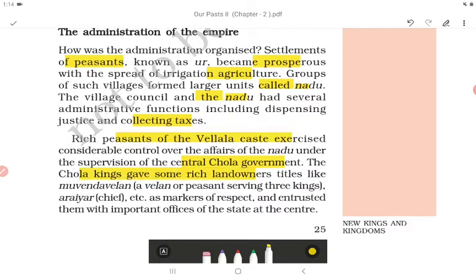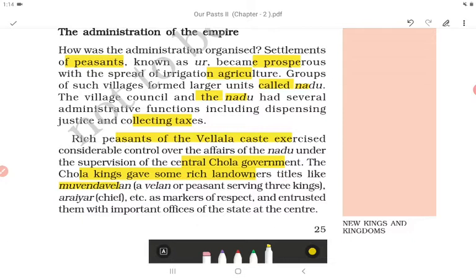The Chola kings gave some rich landowners titles like Movenda Velan, a Velan or peasant serving three kings.